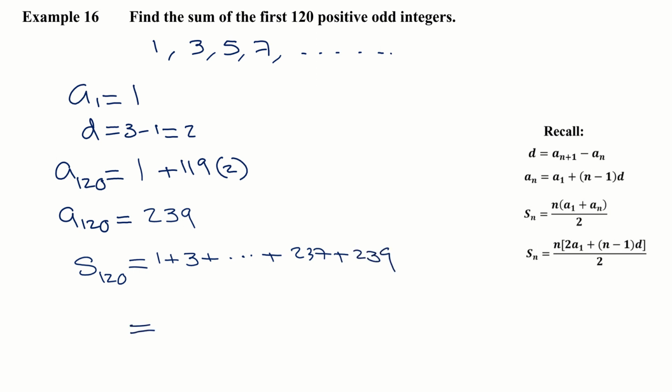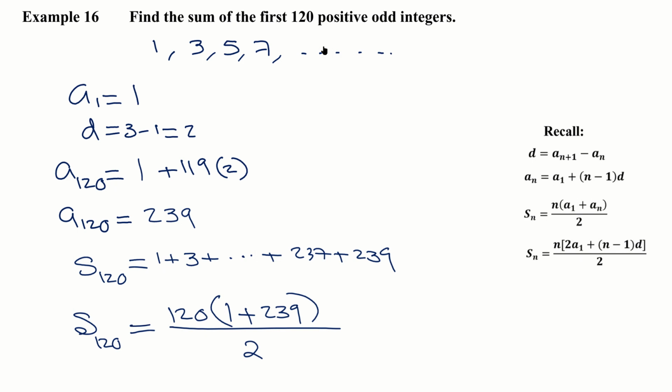And of course we can do that using this formula now, because we know A1 is 1, we know An is 239, and we know n, which is 120. So we get 120 times 1 plus A120, which is 239, and all of that divided by 2. That should give us the sum of the first 120 positive odd integers.